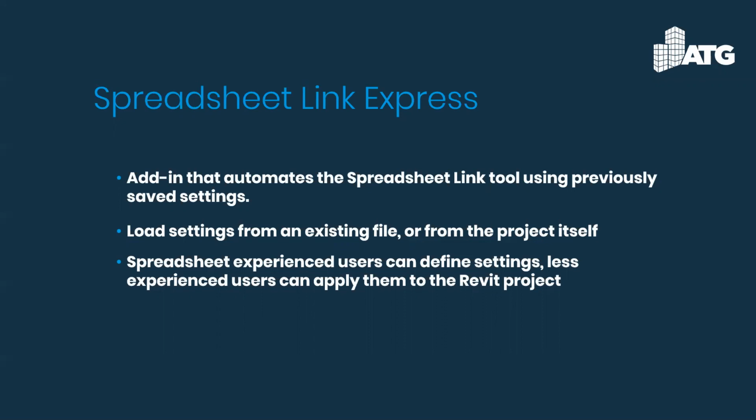And then some drafters or interns, or other users that might not be experienced in the spreadsheet, can apply them to the Revit project. So you don't have to know Revit, and you don't have to know spreadsheets, as long as you've got some people who know one or the other, at least, talking together.